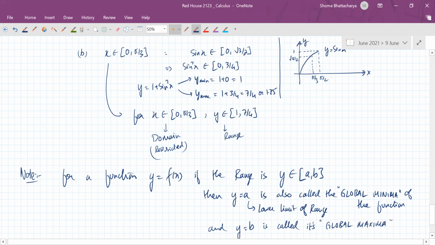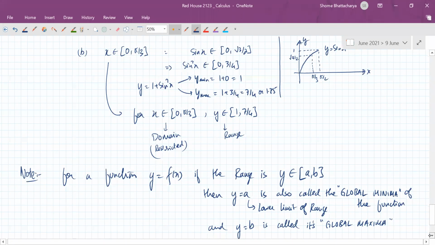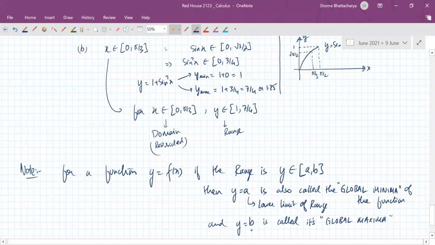So in relation to maxima and minima, there are two specific terms called global maxima and global minima. And this is what they mean. The upper limit of the range is called the global maxima. And the lower limit of the range is called the global minima. So very simple, really, nothing to do with the shape of the graph and all that.